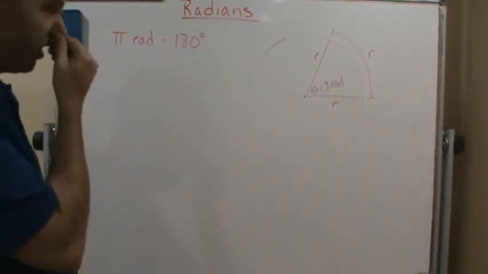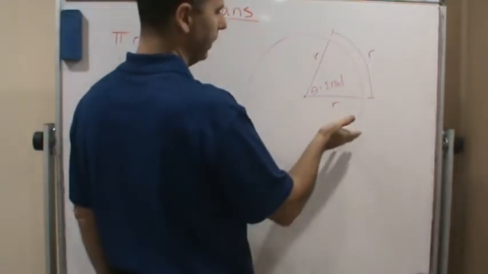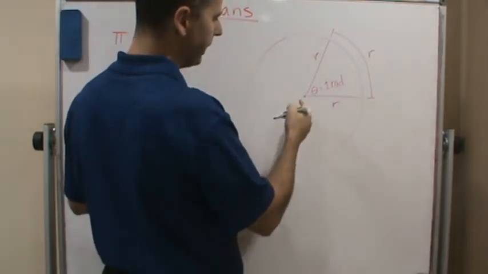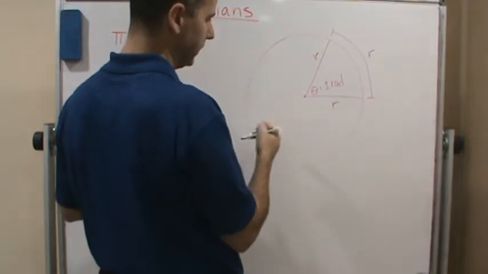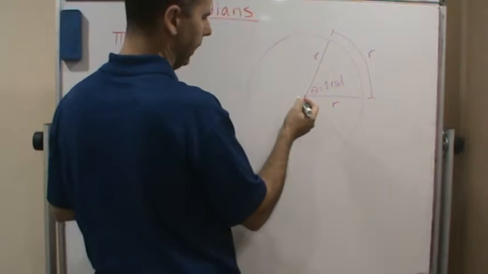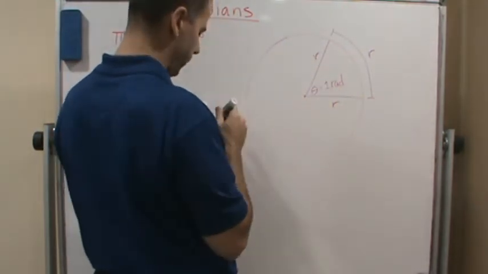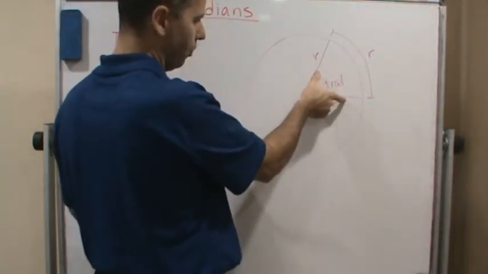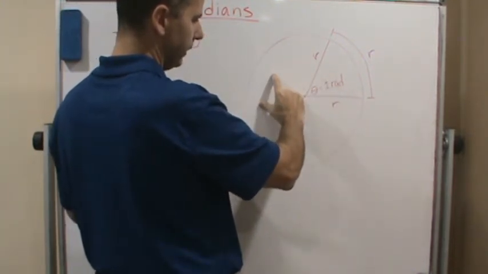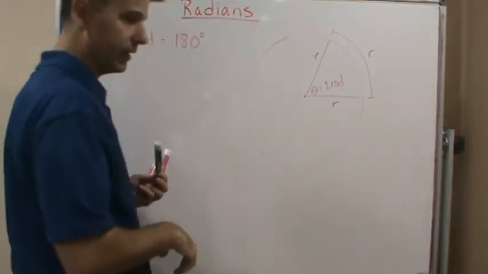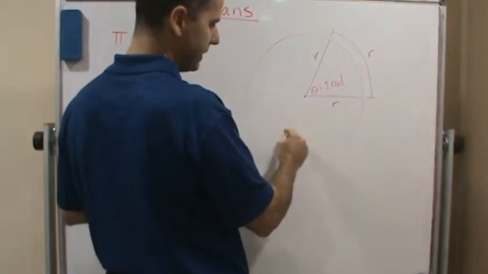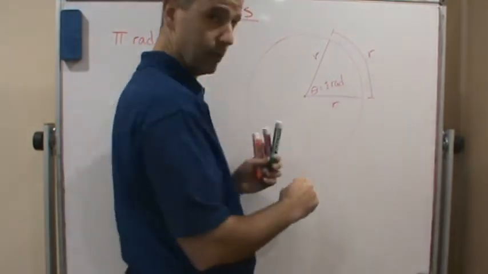Okay? Now, the other thing is, how many radians does it take? Well, if we keep adding radians, 1 radian, then another radian, then another, and we go all the way around, we find we are able to fit 6 of these and then a smidge.